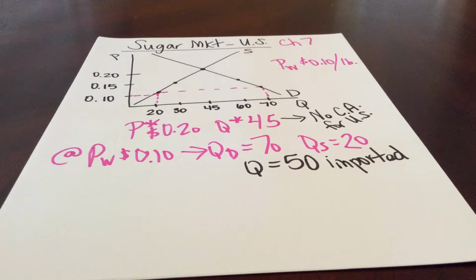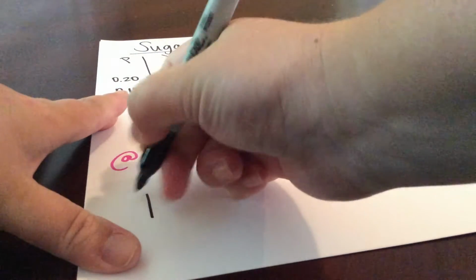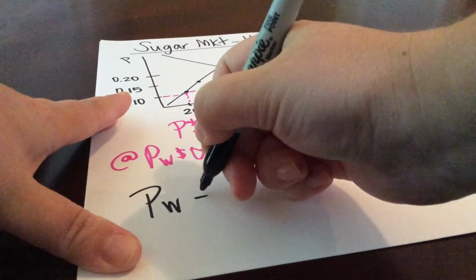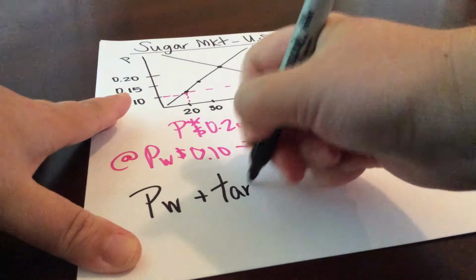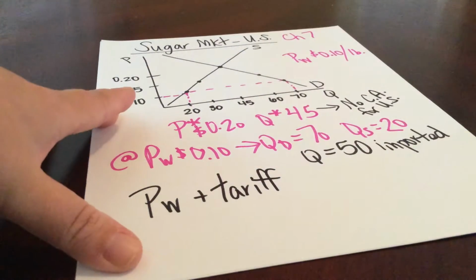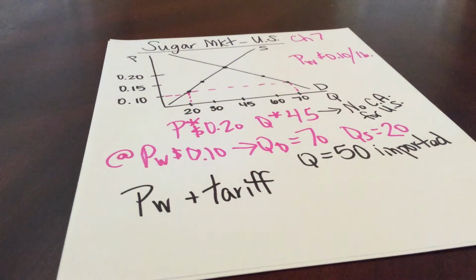Well, it helps them. It's going to raise the price in the domestic market. Therefore, U.S. firms get to charge a price higher than the world price, which is the world price plus however much the tariff is that's being placed on that imported sugar.